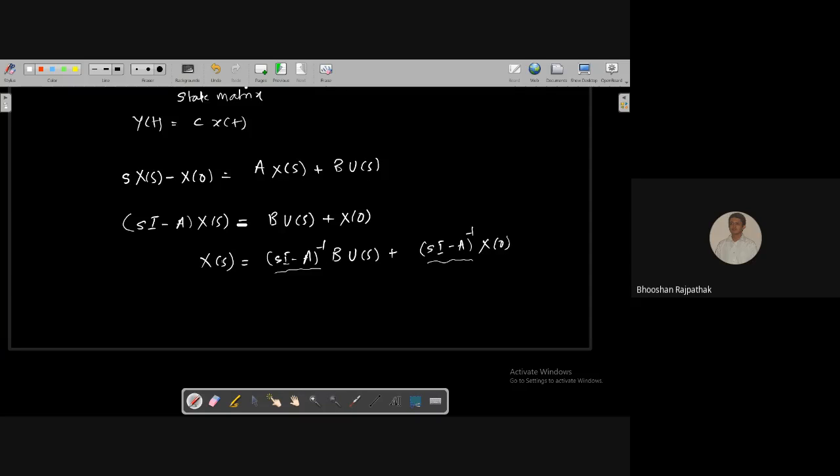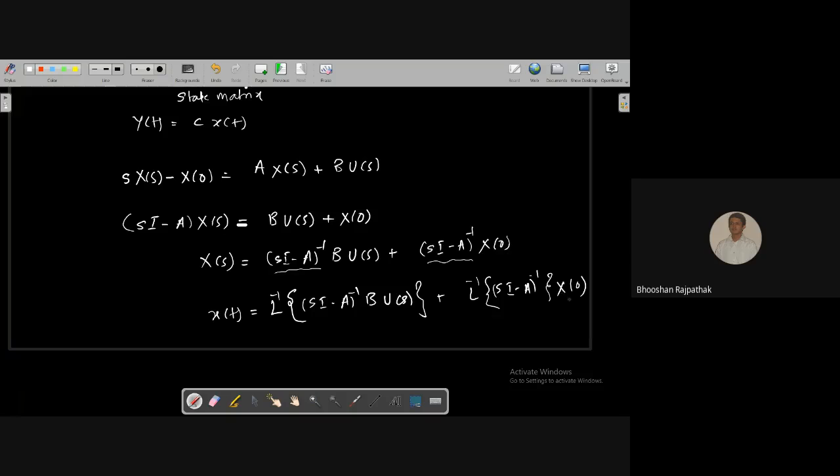Now, if you want the solution of the state space, then we should take the Laplace inverse here. So x of t equals the Laplace inverse of (sI minus A) inverse B U of s plus the Laplace inverse of (sI minus A) inverse x naught.